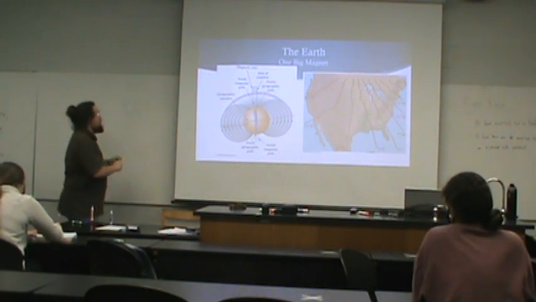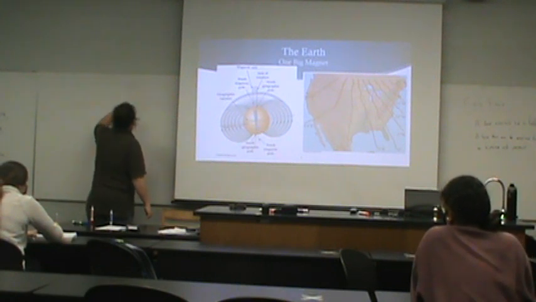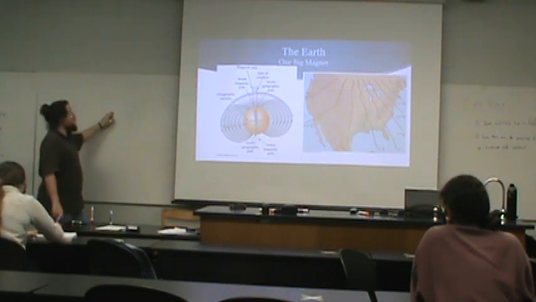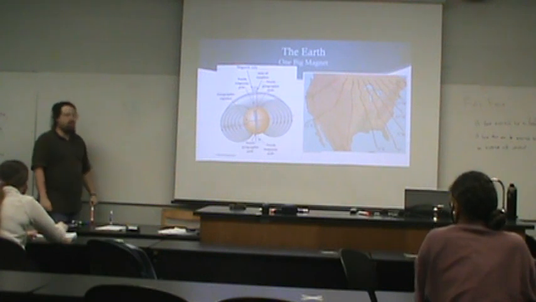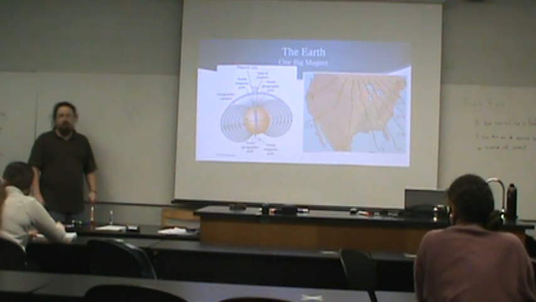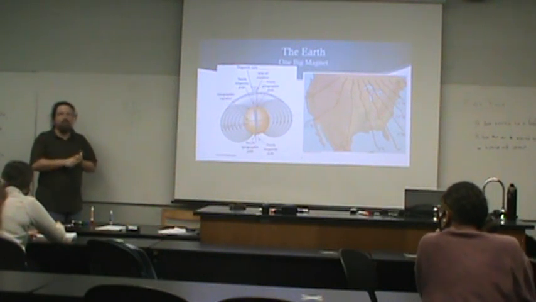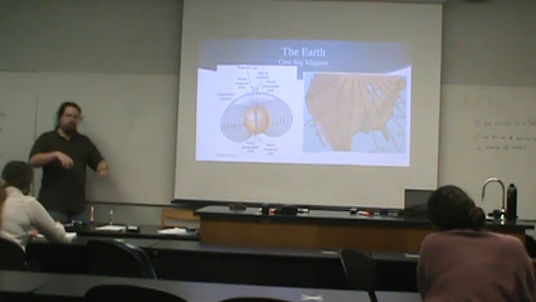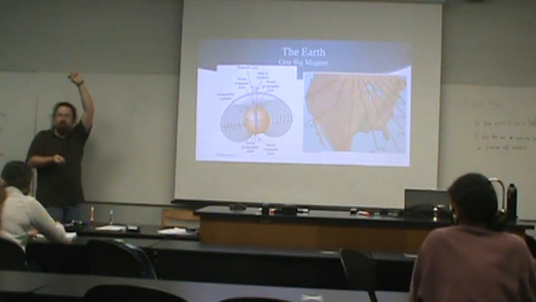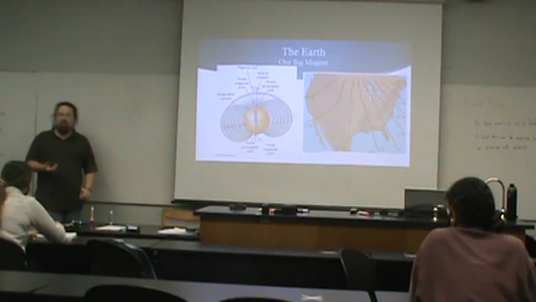So, here on planet Earth, we have the equator, we have the north and south geographic poles, the total opposite ends of the Earth from one another, the axis of spin, probably.